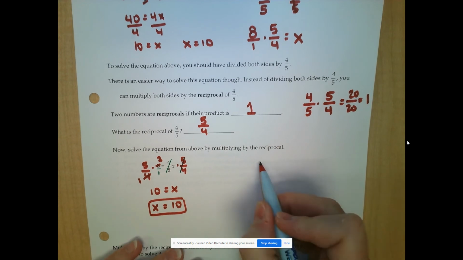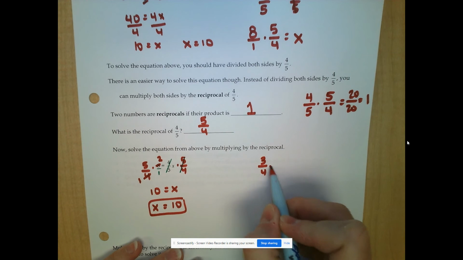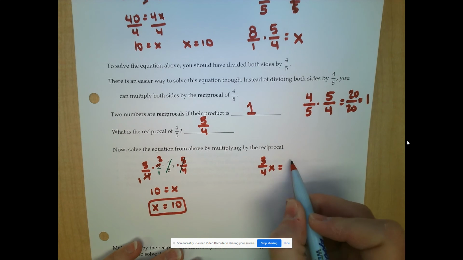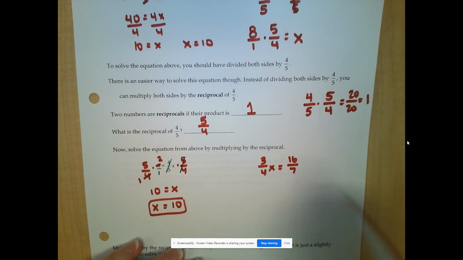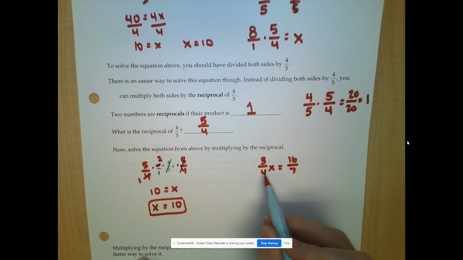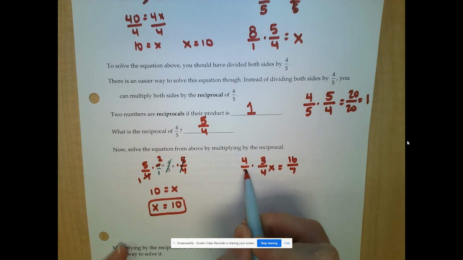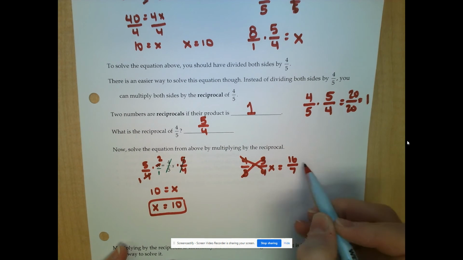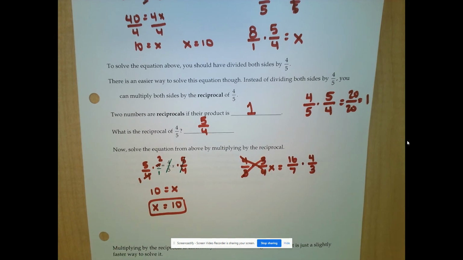So let's say you had something like 3/4 x equals 16 over 7. I don't know, just made that one up. The side with the variable has multiplication, 3/4 x. I'm going to multiply the left side by the reciprocal 4/3. I'm going to multiply the right side by the reciprocal 4/3. Now, it's a little messy. It's not very friendly because I just made it up. There's nothing to simplify.